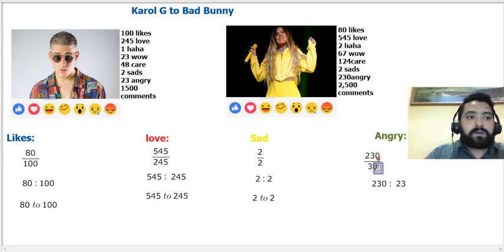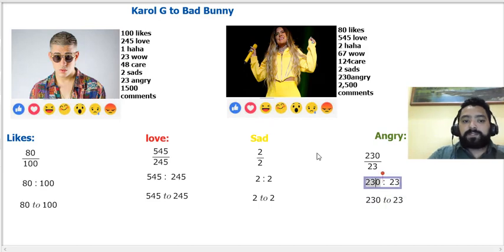That's my mistake, so we're going to change this to 23. And the last one is going to be 230 to 23. These are the three ways that you can compare these reactions on Facebook in this post.